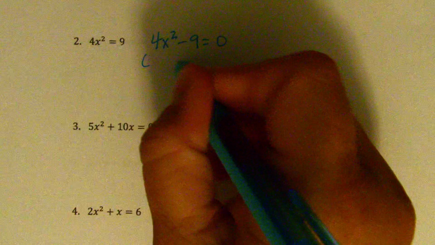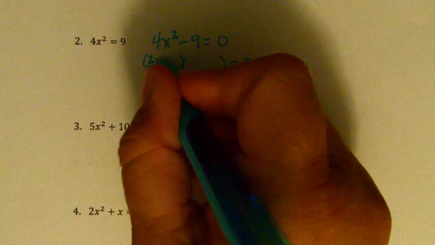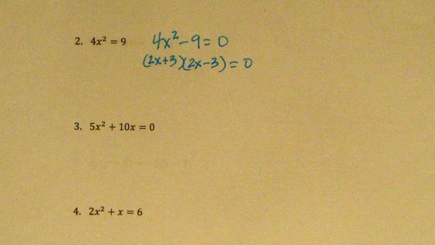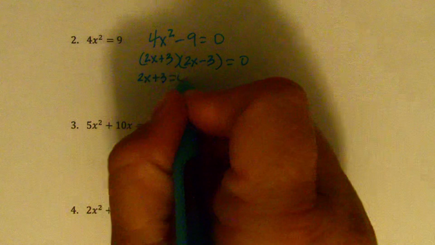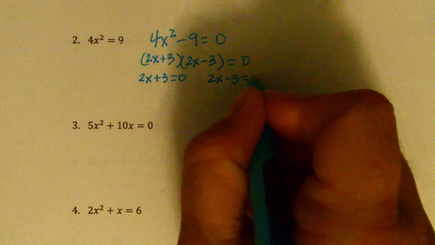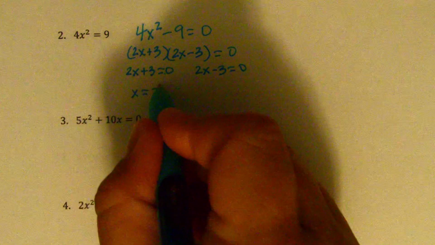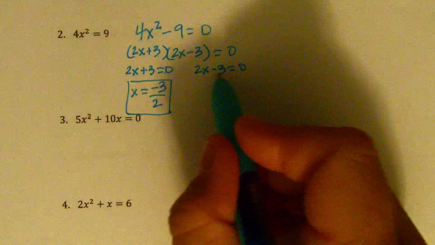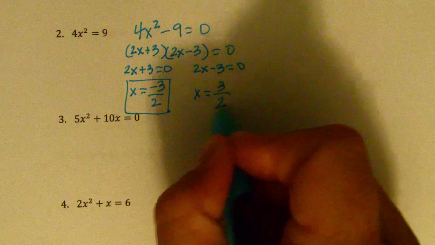So this is also a difference of perfect squares. This would be 2x plus 3 and 2x minus 3. And if I set both of those equal to 0, and I subtract 3, divide by 2, x is equal to negative 3 over 2. And if I add 3 and divide by 2, then x is equal to 3 over 2.